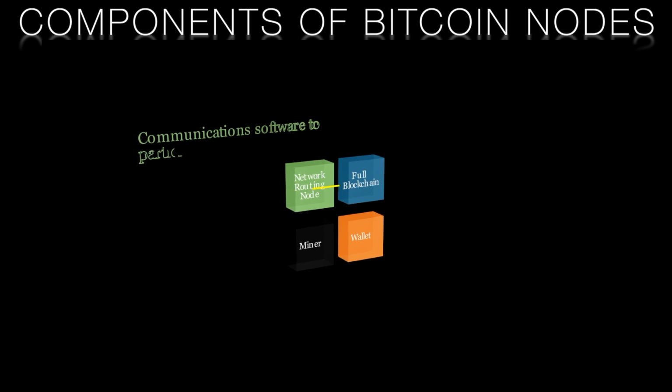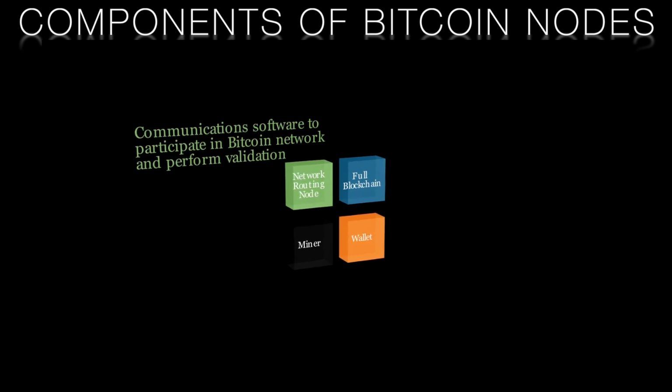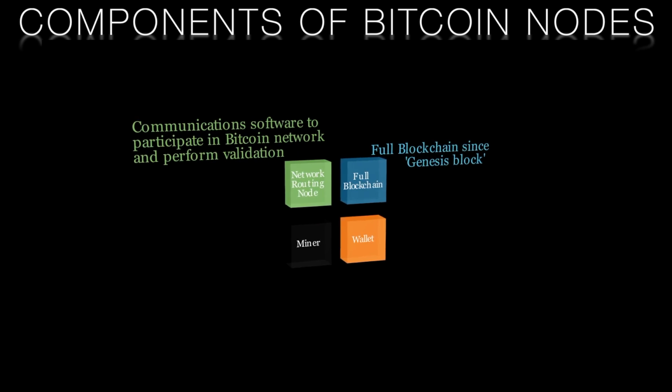Network routing is the fundamental component of all nodes. This allows discovery of and connectivity to peer nodes. This also allows for various forms of validation and verification, depending on the broader capabilities of a particular node. Nodes with large storage capability can download the entire blockchain.